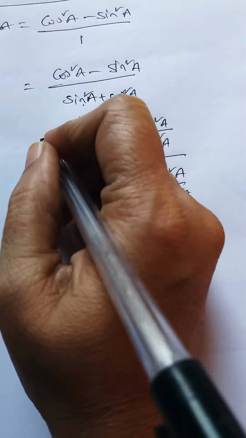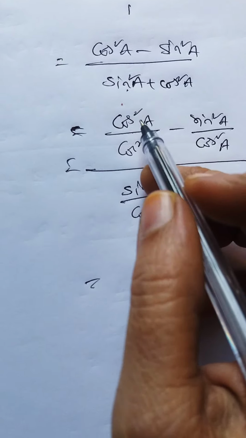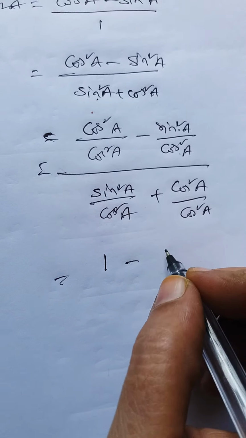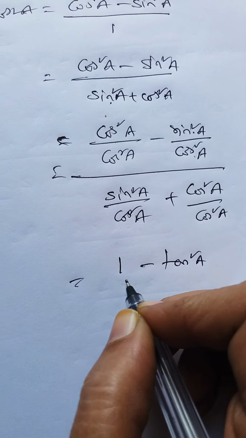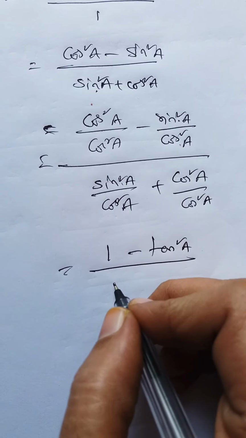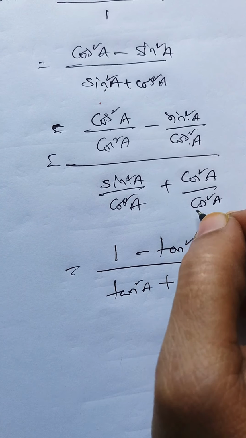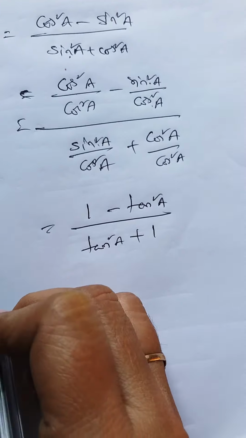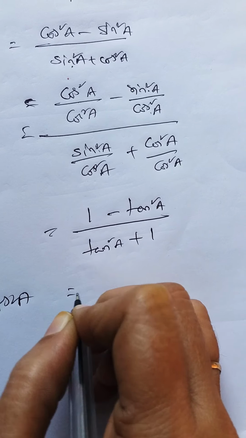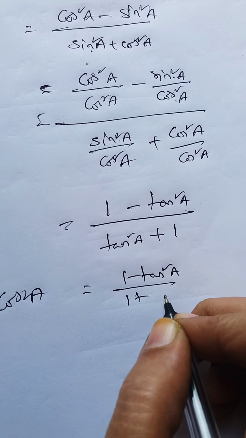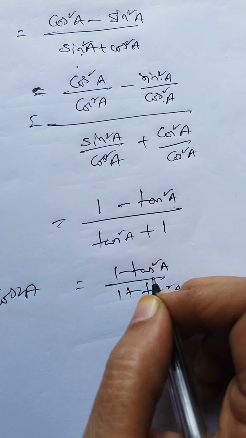So we'll get here cos square a by cos square a is 1, 1 minus sin square a by cos square a is tan square a, divided by sin square a by cos square a is tan square a plus cos square a by cos square a is 1. So we'll get here cos 2a value 1 minus tan square a by 1 plus tan square a.